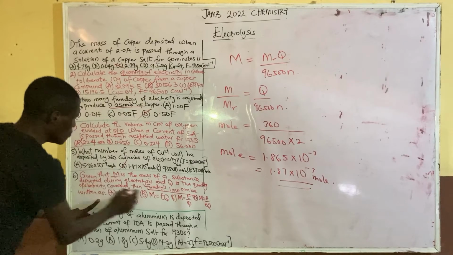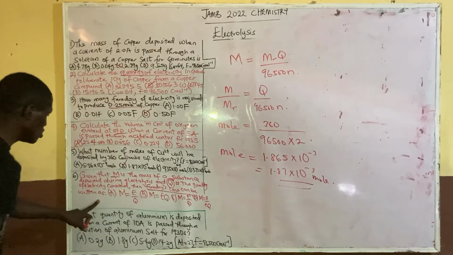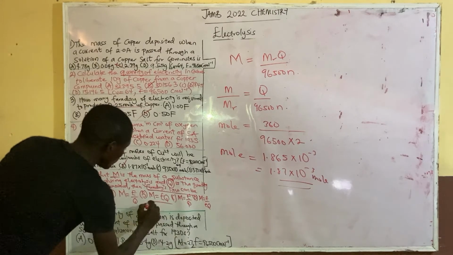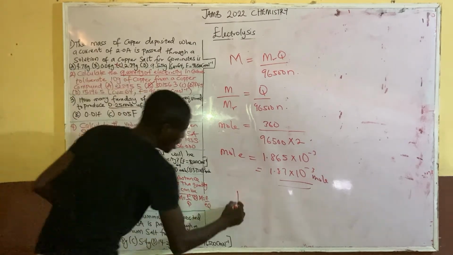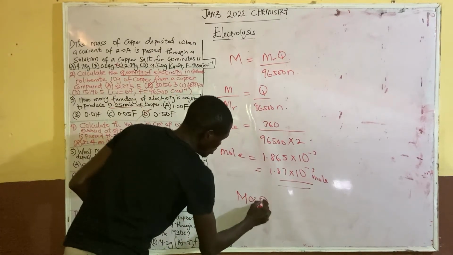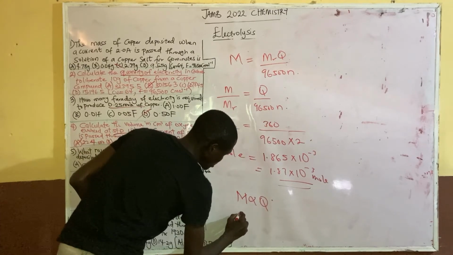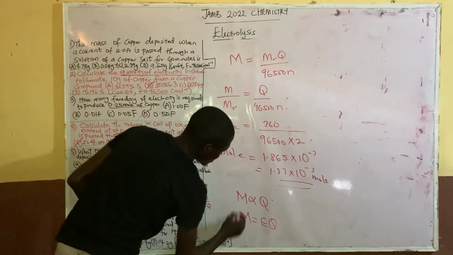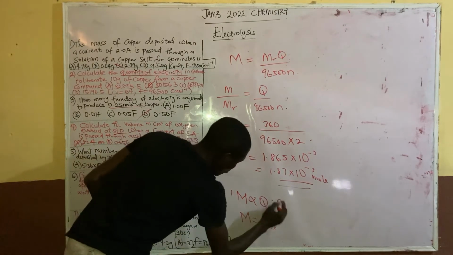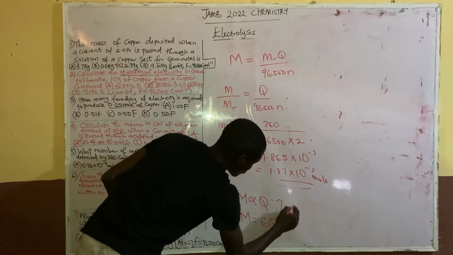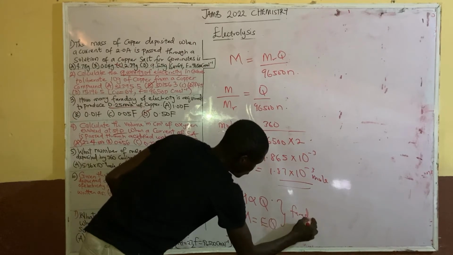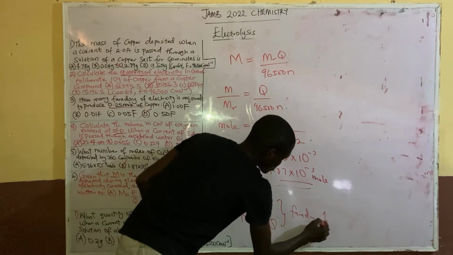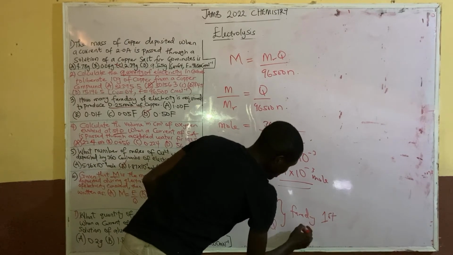This is the first law. M is directly proportional to Q. Introducing the constant, M equals E Q, where E is the electrochemical equivalent. So this is Faraday's first law of electrolysis.